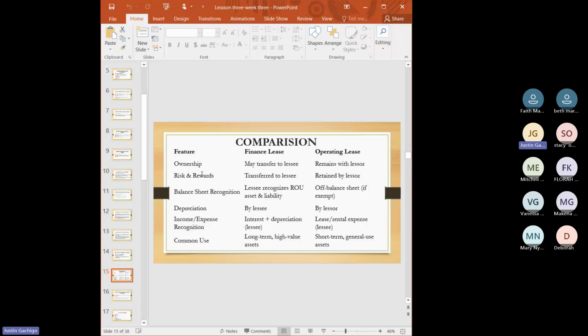Then interest and lease expenses are also done by the lessee. So that's the similarity of the two. Common use: finance lease is for the long term and operating lease is for the short term. So that is how we can compare those two.